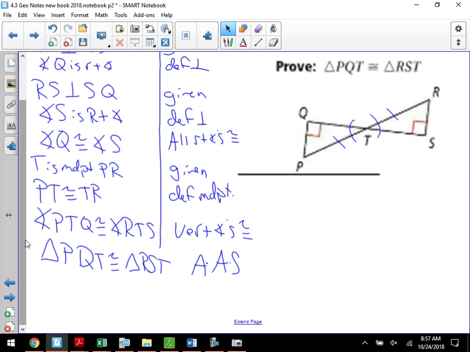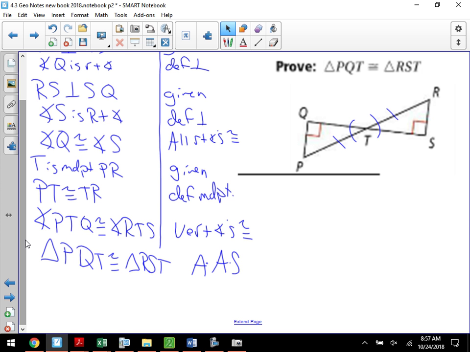Does it say it? Assume it. You have to go with what's given to you. The only things you're allowed to infer are things like reflexive or vertical angles. Those are the only things you can infer from a diagram. You cannot just say, oh, they kind of look the same. Can't do it.